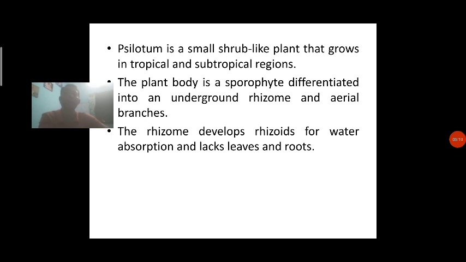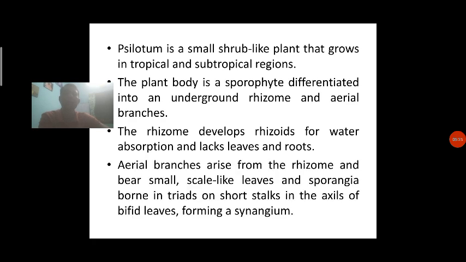Or we can say the rhizome is the underground part, and it produces root-like structures for the absorption of water. Aerial branches arise from the rhizome and bear small scale-like leaves, and sporangia borne in tetrads on a short stalk in the axil of bifid leaves, forming a synangium.